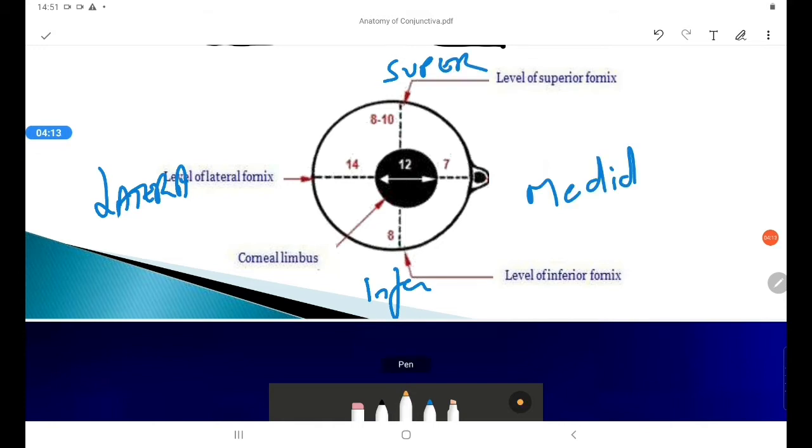We should know that it is the lateral extent that is the maximum. This is the distance between the fornix at the lateral end and the limbus. So this is maximum. It's a statement that can come for the MCQ, like the lateral fornix is the farthest from the limbus, which is true. So you should remember this.